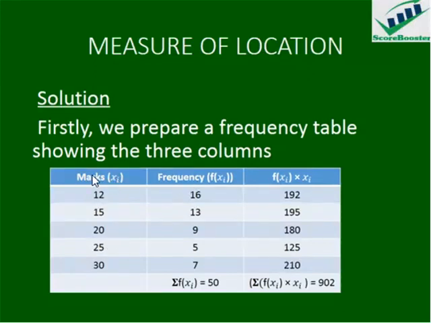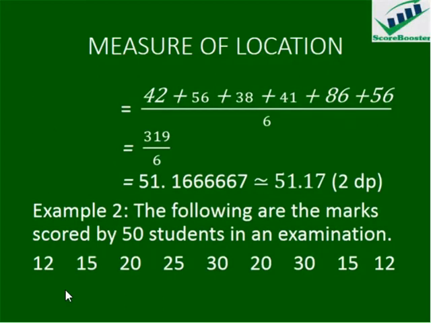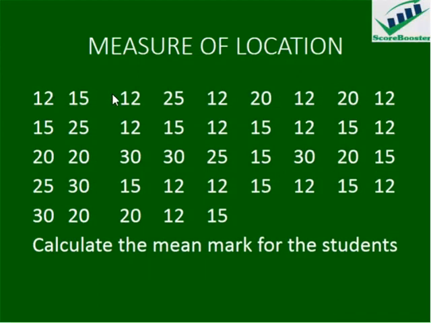So now we go back to the scores and check the number of times they occur. So the number of times 12 occurs: we start from the beginning. 1, 2, that's how you count. 3, 4, 5, 6, 7, 8, 9, 10, 11, 12, 13, 14, 15, 16.